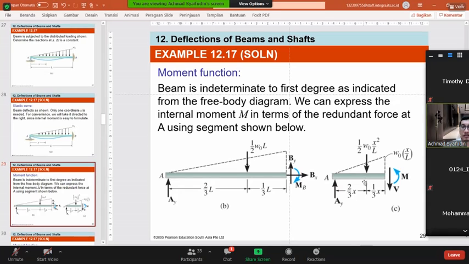Here there are two sections. Please remember the section method to draw the moment diagram or to find the integration formulation. This is the first one and the second one.